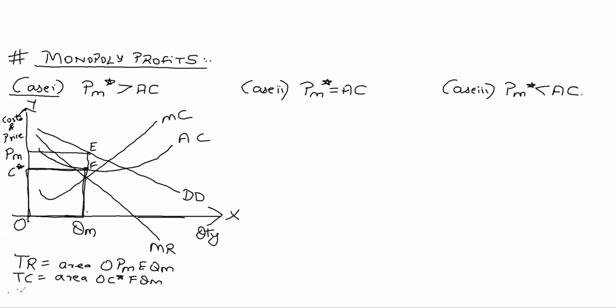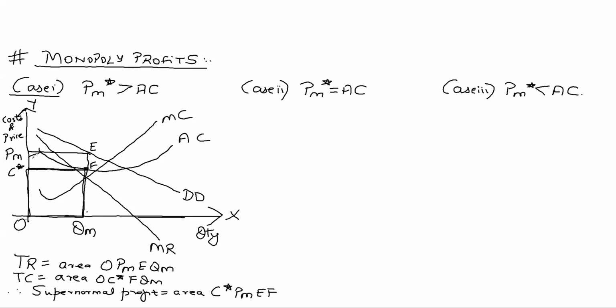So what is my profit? The monopolist is making supernormal profit in this case, equal to the area C star PM EF.